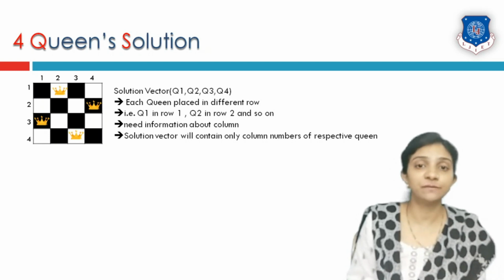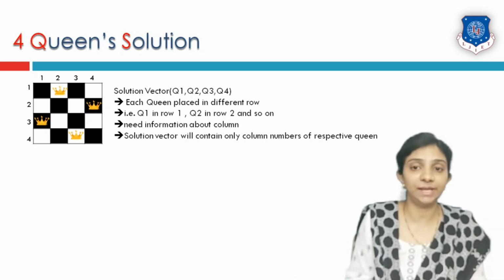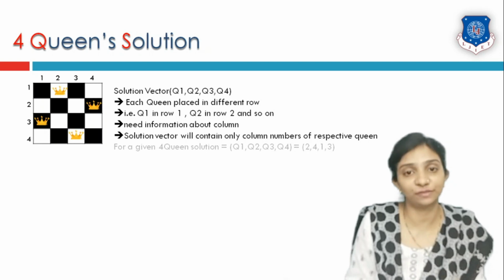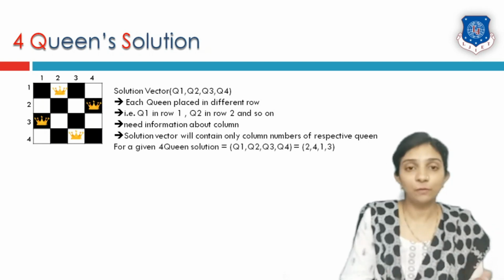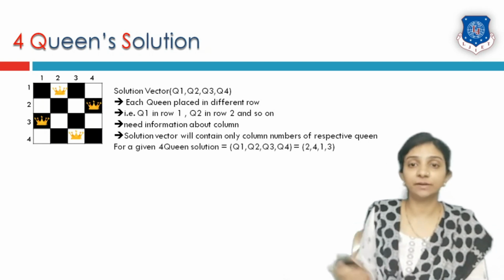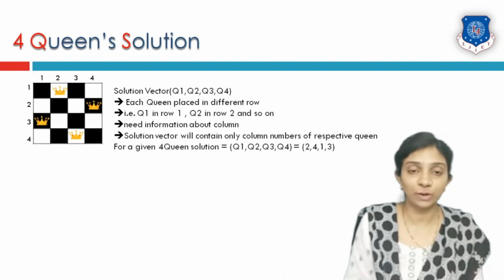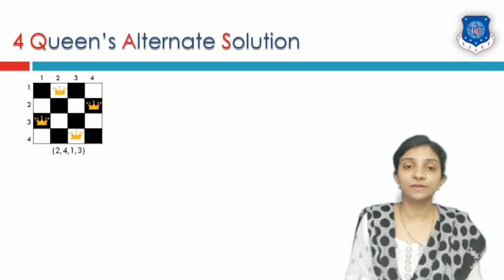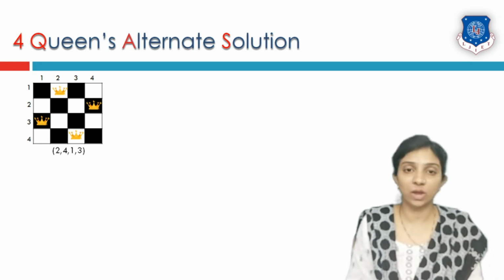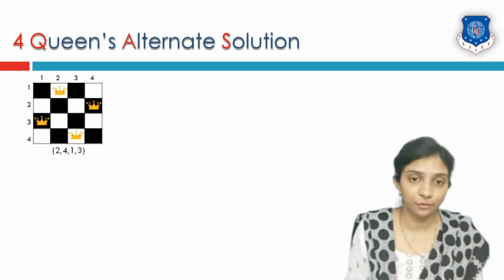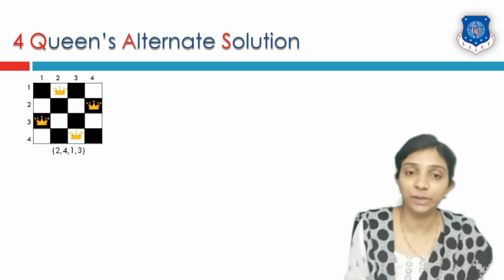So the solution vector will only contain column numbers of their respective queens. For the 4 queens problem, the solution vector will look like 2, 4, 1, 3. So this is my 2, 4, 1, 3 solution of a problem of 4 queens.